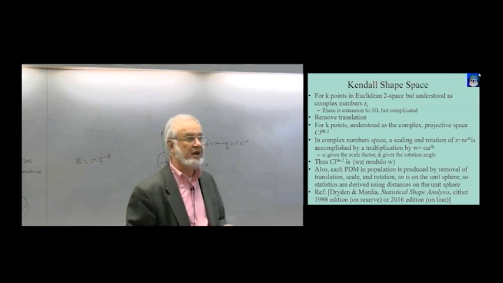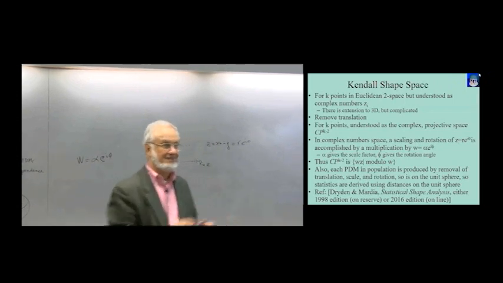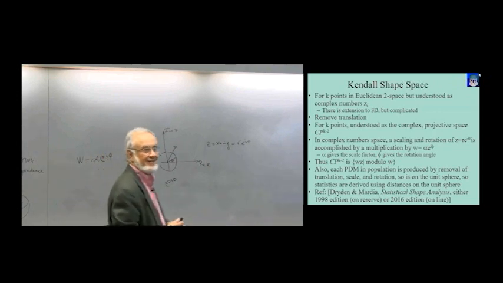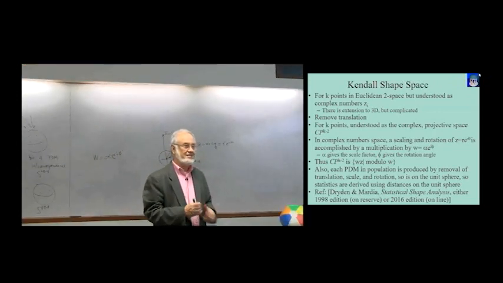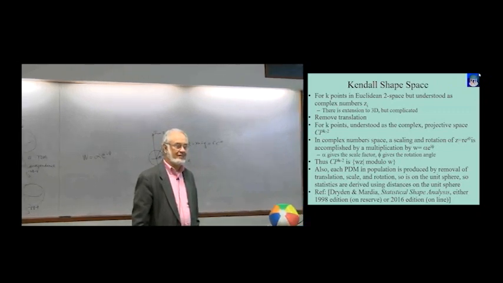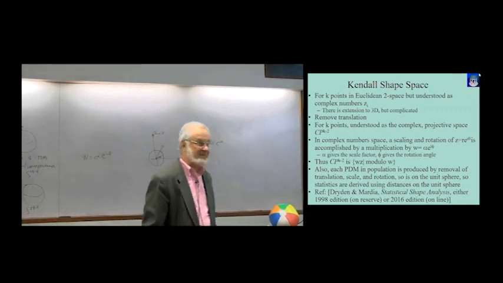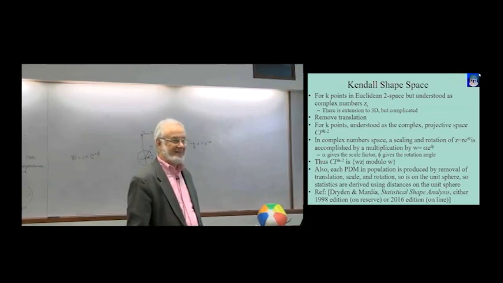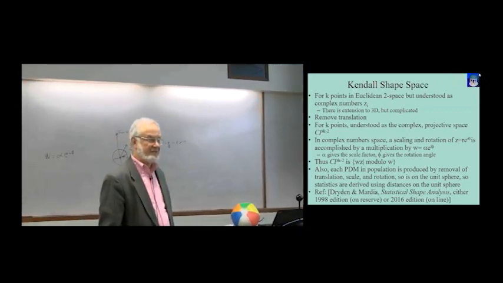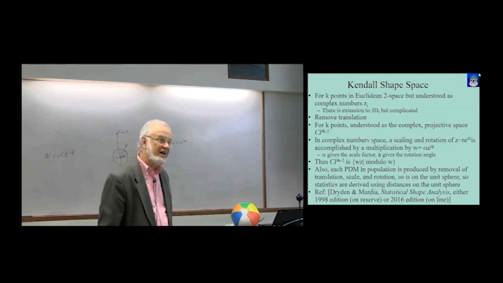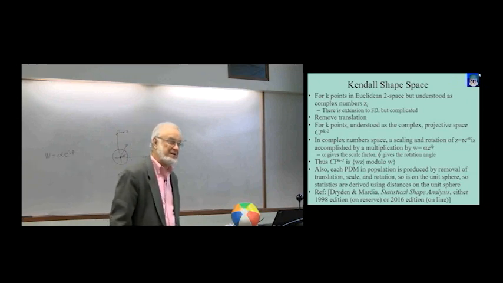Yeah, go ahead. Well, actually, okay, so CP k minus 2 is all possible w's, the equivalence classes over w's. Isn't that isomorphic to just C, though? It's isomorphic to the shape space, the spherical shape space that we already talked about for PDMs.